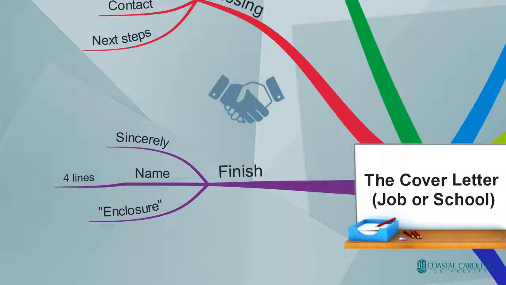So let's say you have a resume and a writing sample and a transcript. You would write enclosures, or possibly attachments, given that it's electronic, and in parenthesis the number 3, one for the resume and one for the writing sample and one for the transcript, say. So the number of enclosures there.